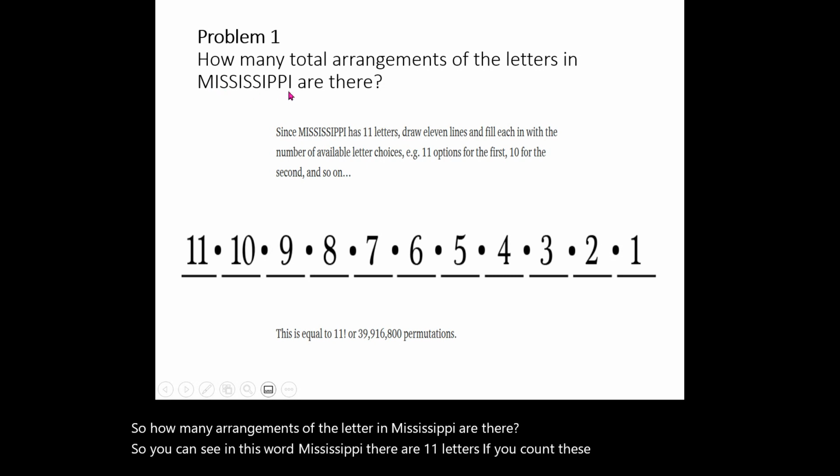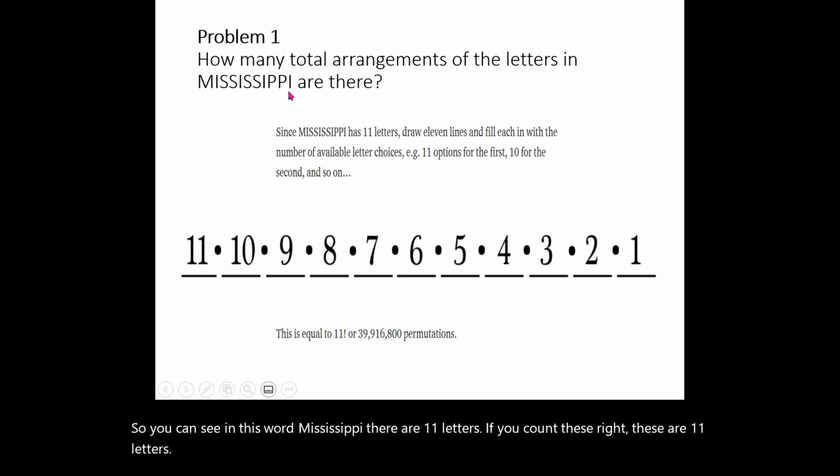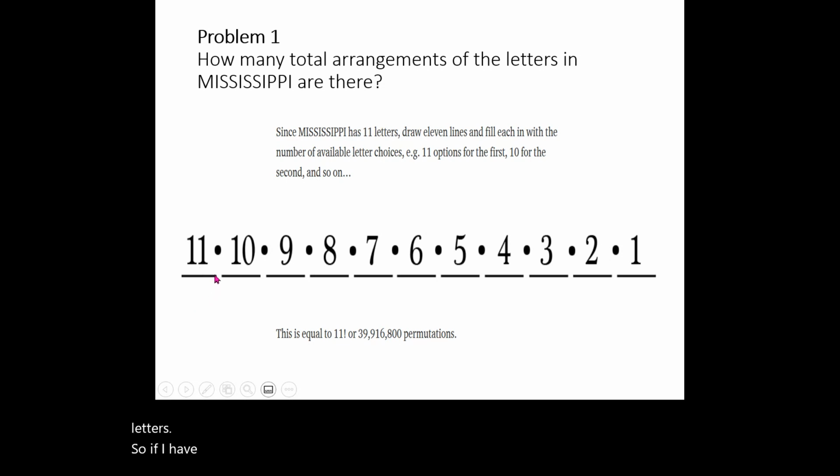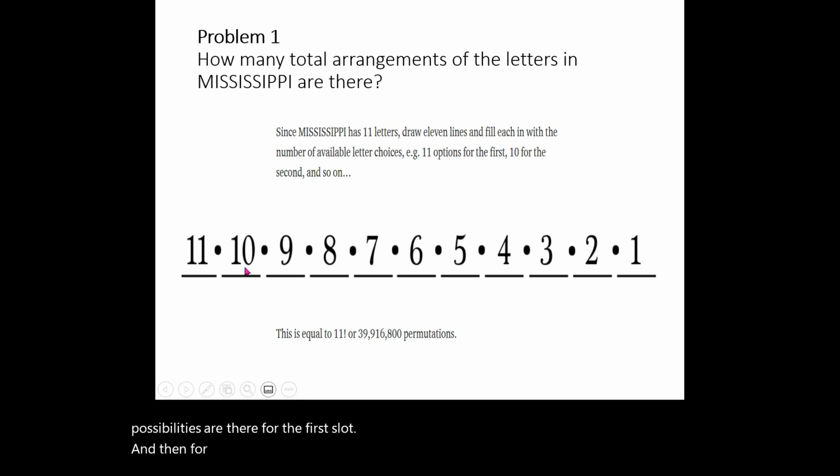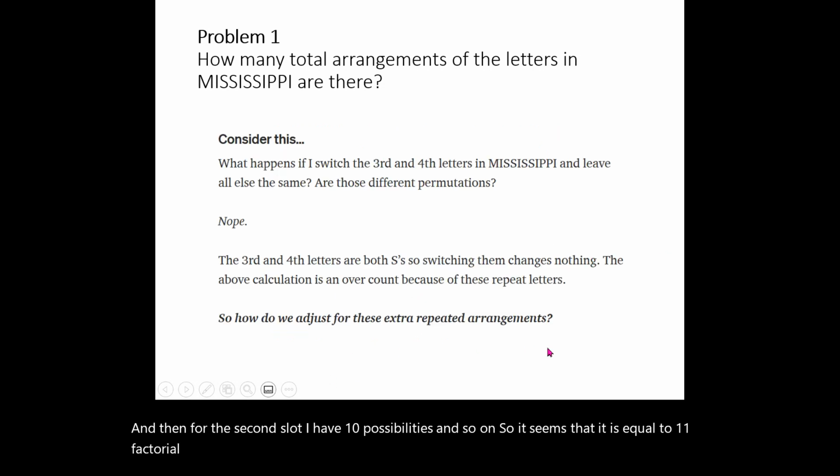So if I have to fill 11 slots, for the first slot I can pick any of these 11 letters. So 11 possibilities are there for the first slot, and then for the second slot I have 10 possibilities, and so on. So it seems that it is equal to 11 factorial different ways.